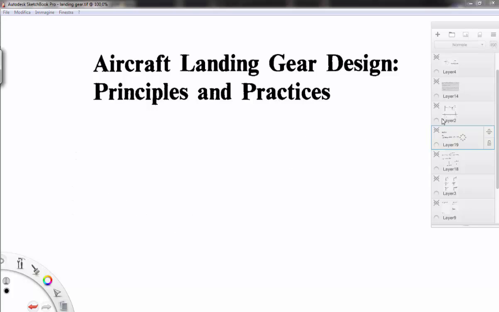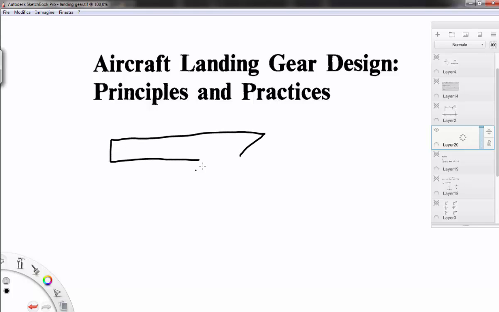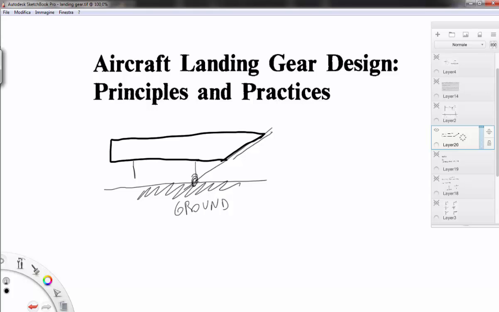What does this mean? This means that if this is our aircraft, and we have the ground, at this part there will be the contact point between the main gear and the ground.